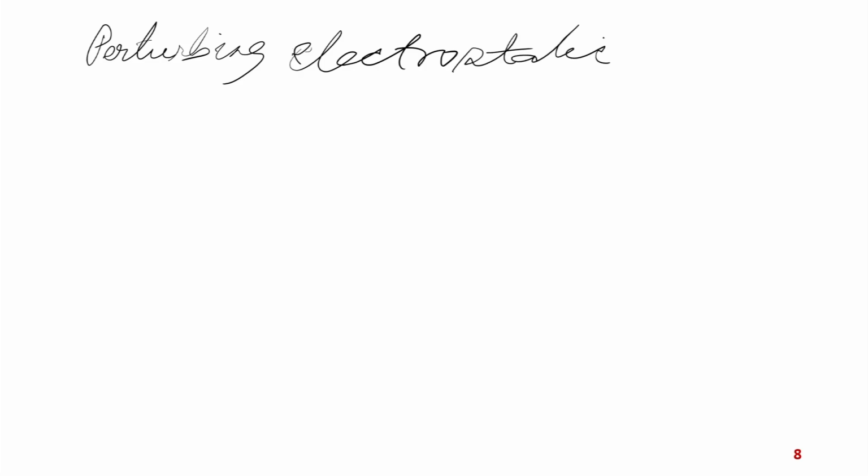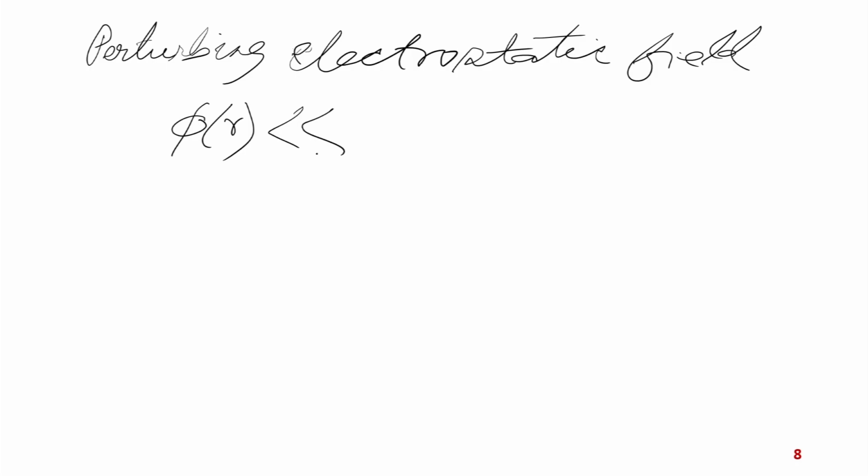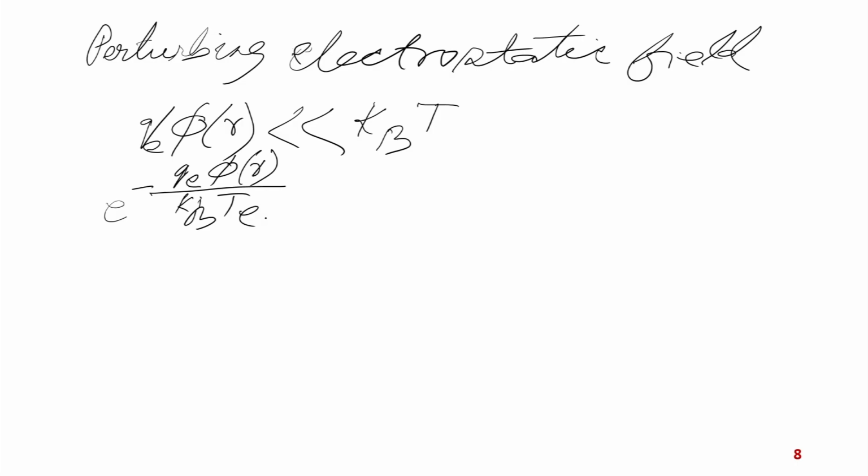So, let us consider that the perturbing electrostatic field phi r is very small compared to the thermal energy, k B T. If we take this approximation, then this exponential term, e to the power q e phi r divided by k B T, I can write as x.